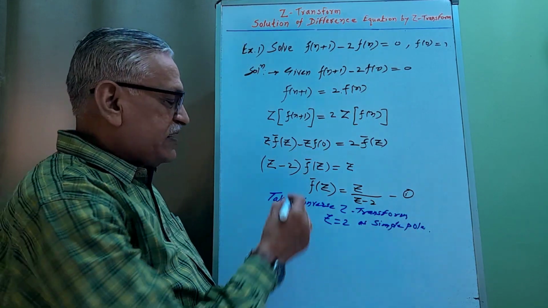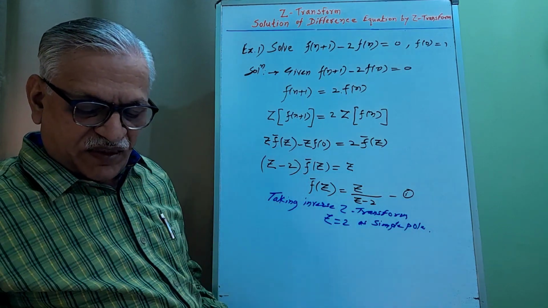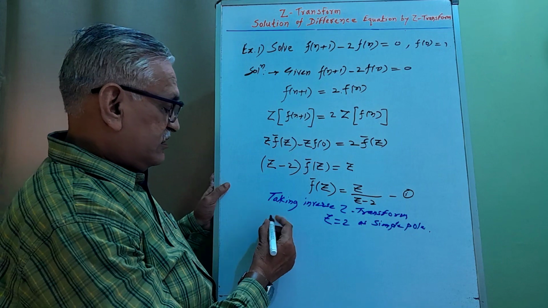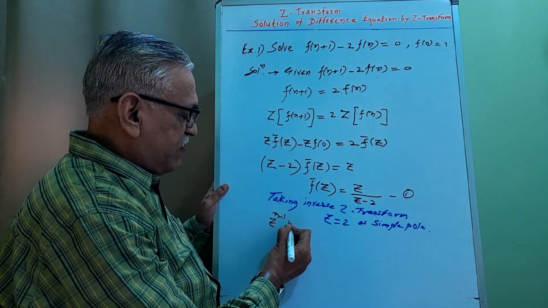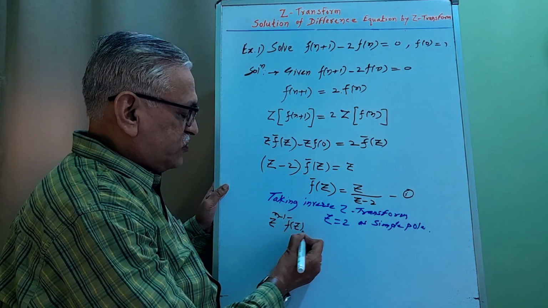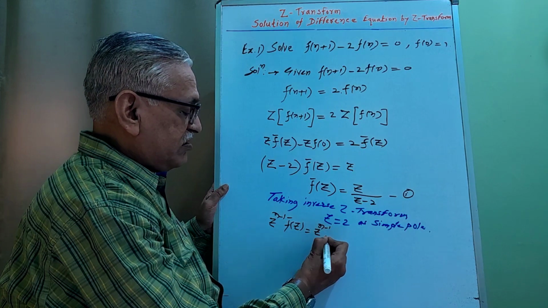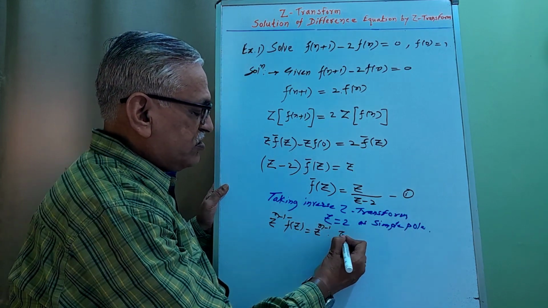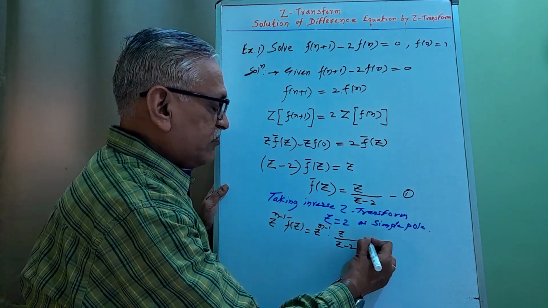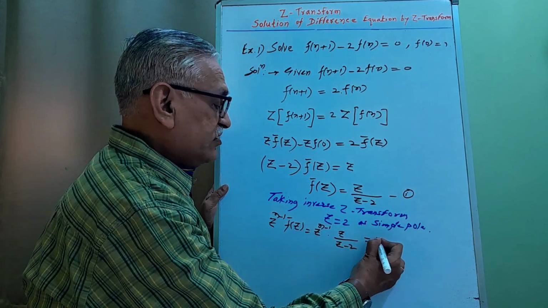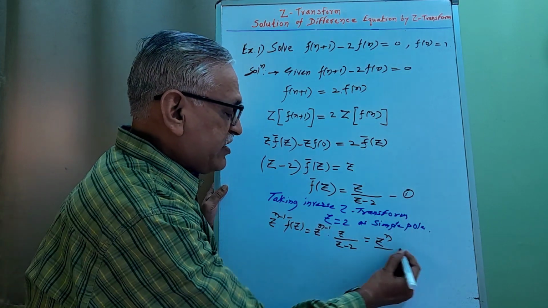Then multiply by z raised to n minus 1, we get z raised to n minus 1 into f bar of z, that is equal to z raised to n minus 1 into z upon z minus 2, which is nothing but z raised to n, adding the powers of z, divided by z minus 2.